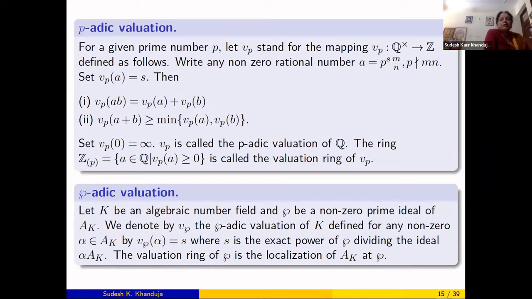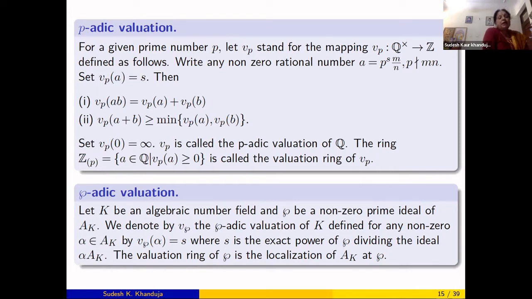Write any non-zero rational number as p to the power s times m over n, where m and n are integers, of course n is positive, and p neither divides m nor divides n, and s is positive, negative, or zero. We can write every non-zero rational number like this, taking the power of p outside from its numerator and denominator. In this situation, we define Vp of a, the p-adic valuation of a, to be s.